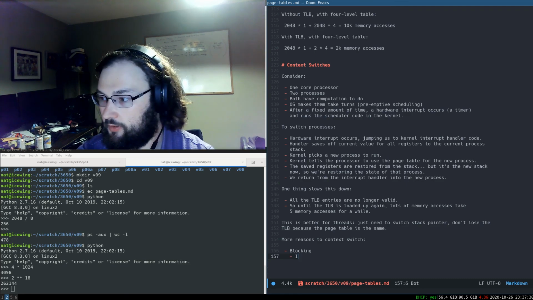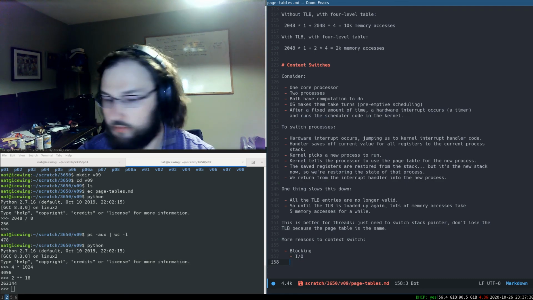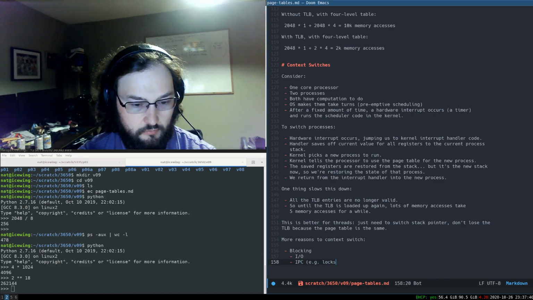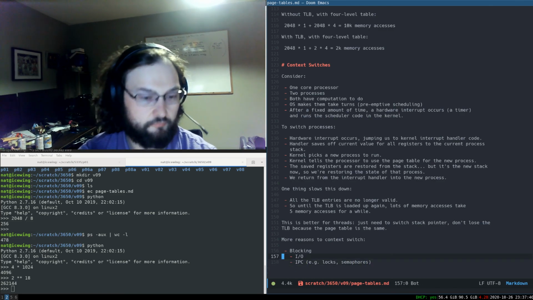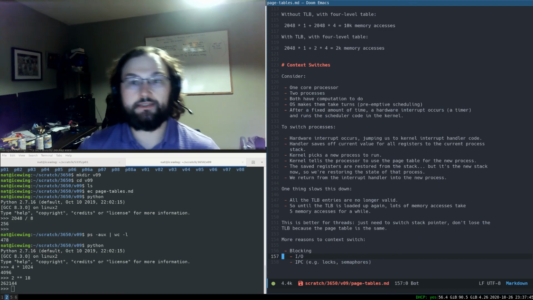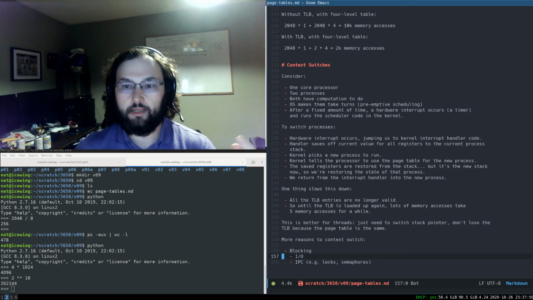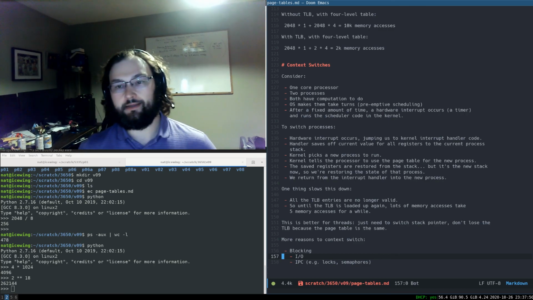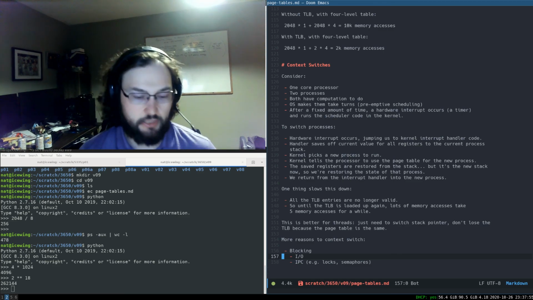For example, IO, IPC, and blocking for something like reading from disk tends to be faster than sort of busy waiting because we have the opportunity to do something else during that time, but it does mean that we have to do this context switch.